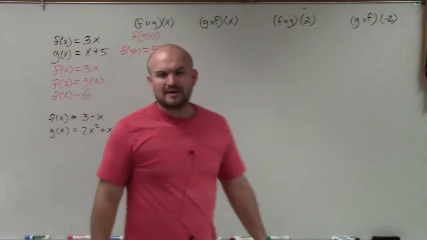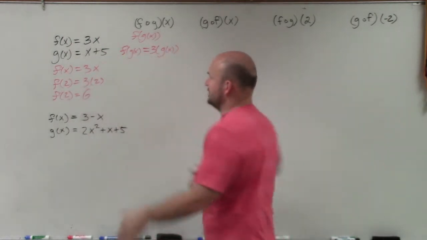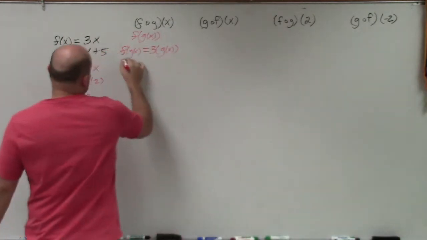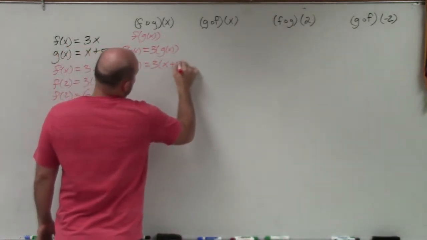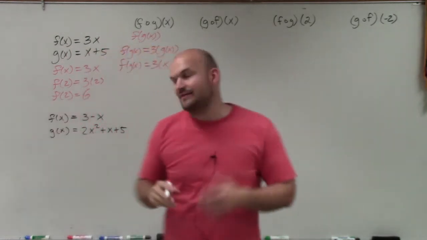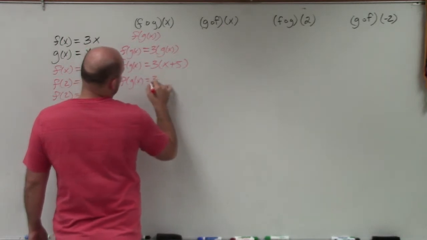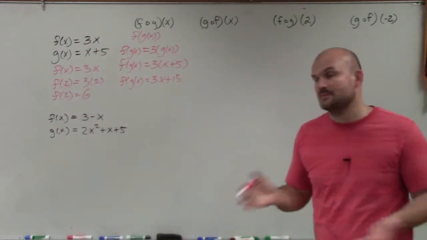Well, g of x isn't a number, g of x is a function, and we're given g of x. What does g of x equal? x plus 5. So f of g of x is equal to 3 times (x plus 5). Now I can simplify that, so f of g of x is equal to 3x plus 15. And there you go.